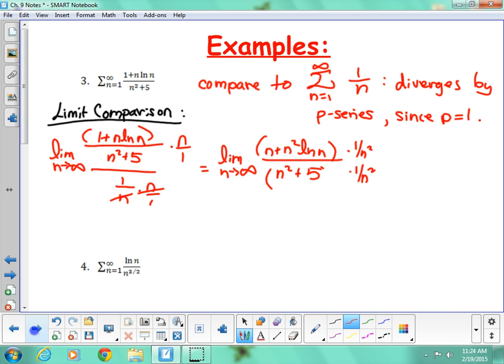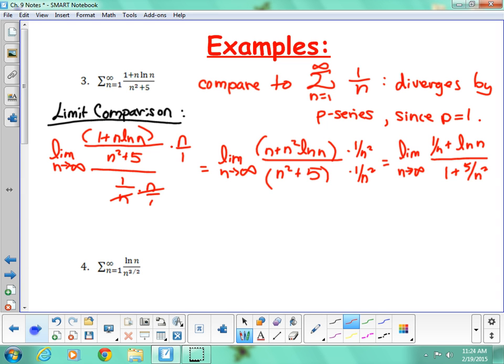We could do L'Hopital's, but that's product rule, that's gross. You would end up with the limit as n goes to infinity of n over n squared, which would be 1 over n, plus ln n, because the n squareds would cancel, all over 1 plus 5 over n squared. I'm just distributing in.